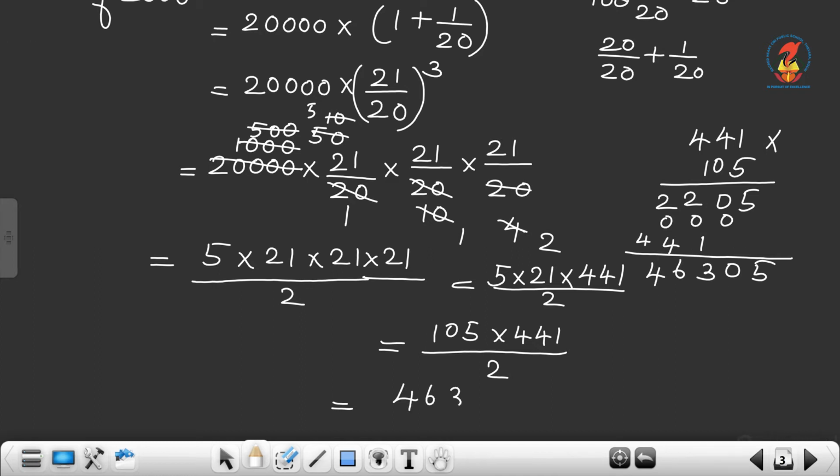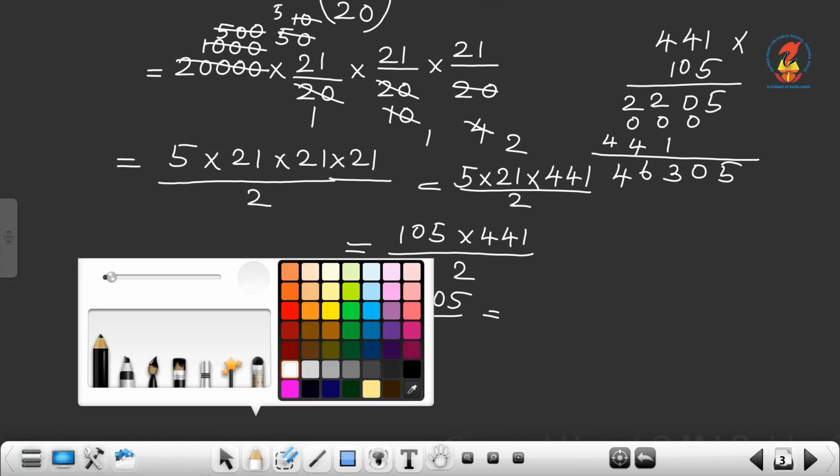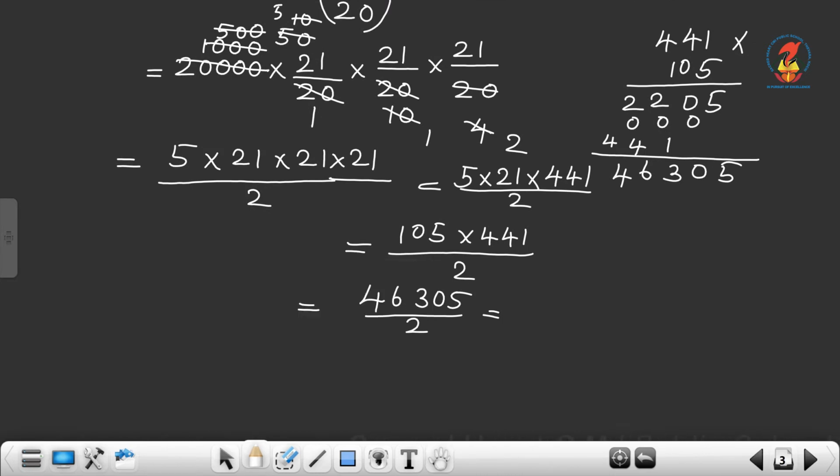So 46,305 divided by 2 equal to 46,305 divided by 2.